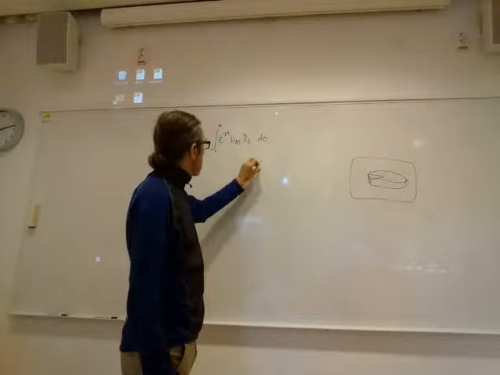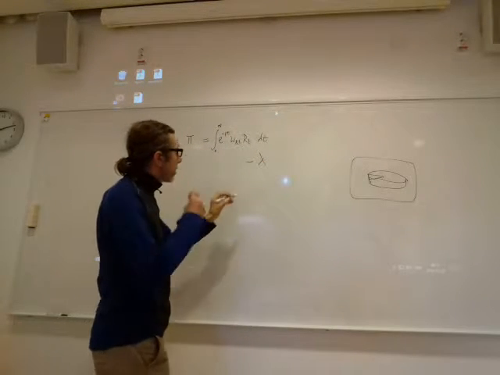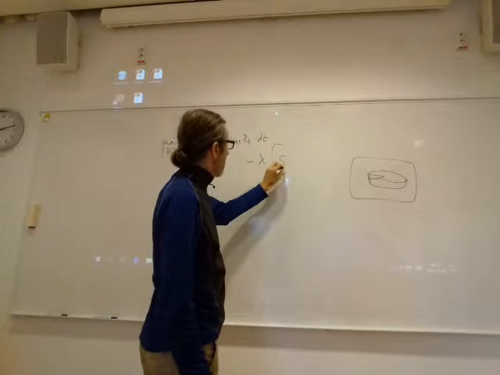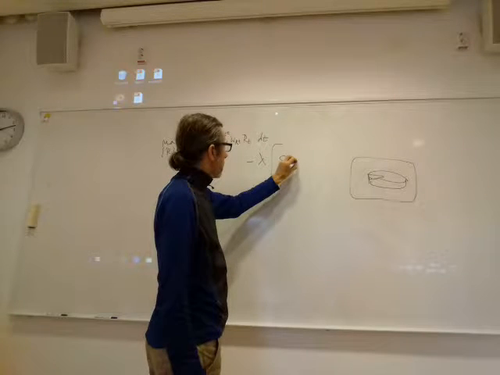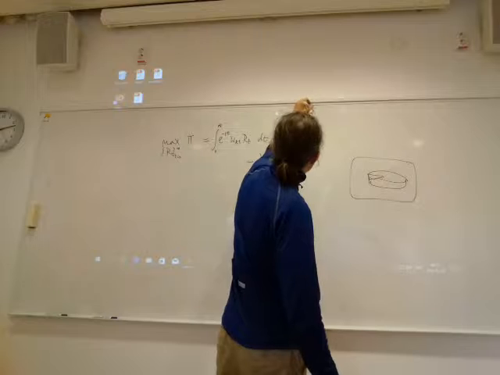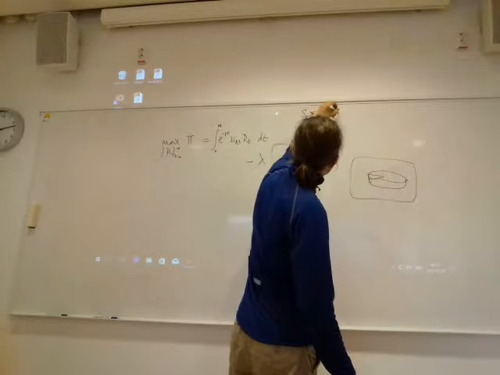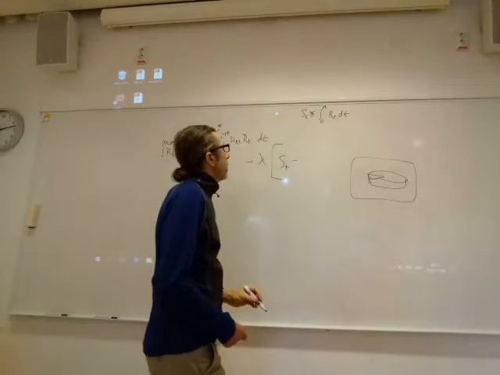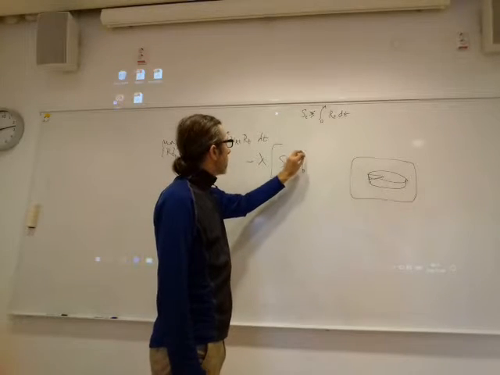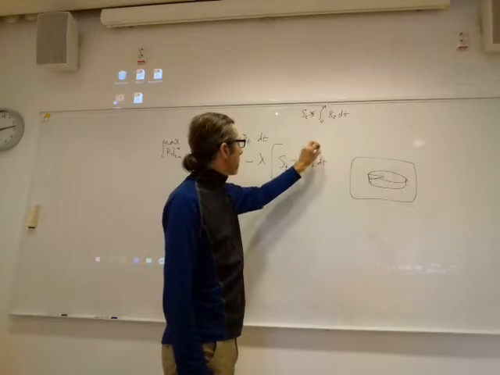It's minus lambda, which is the shadow price of the stock, times the constraint, which is that S_0 is greater than or equal to the integral between 0 and infinity of R_t dt, right? So S_0 minus the integral between 0 and infinity of R_t dt.